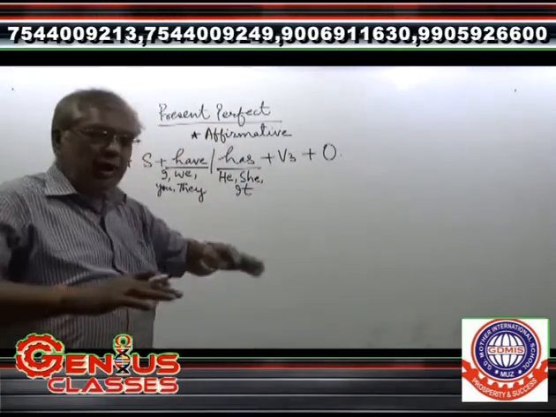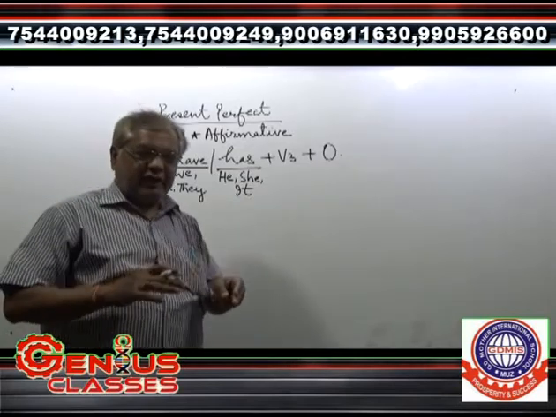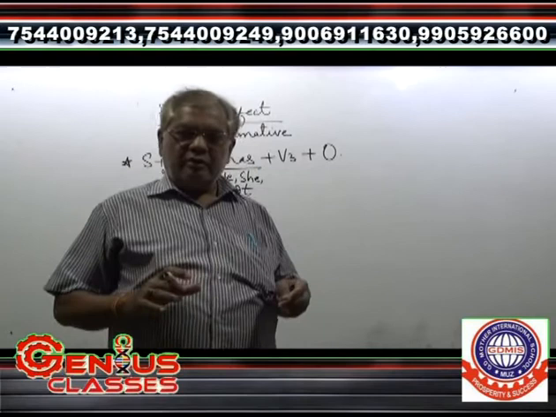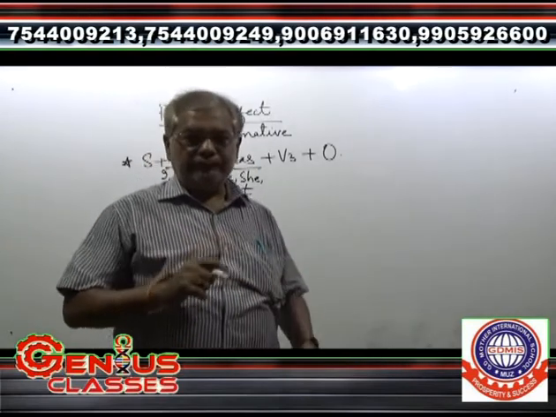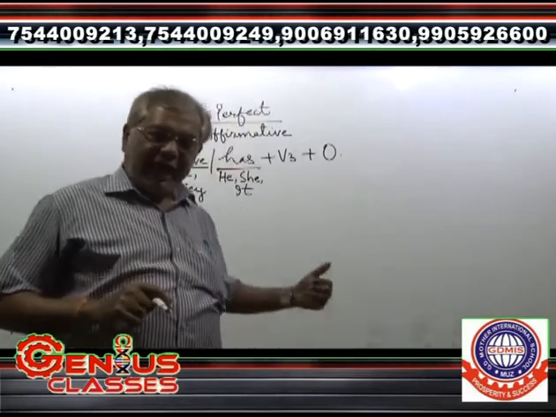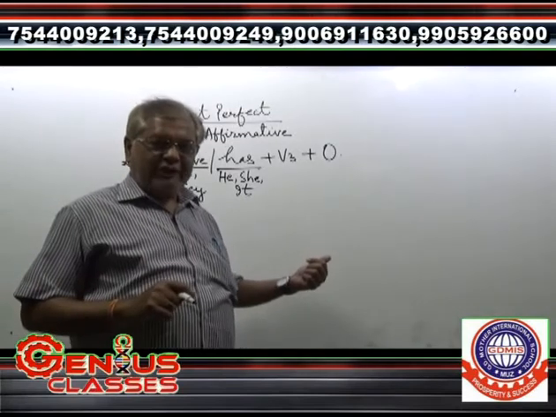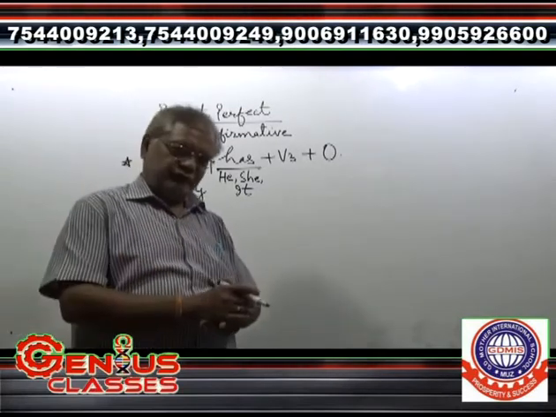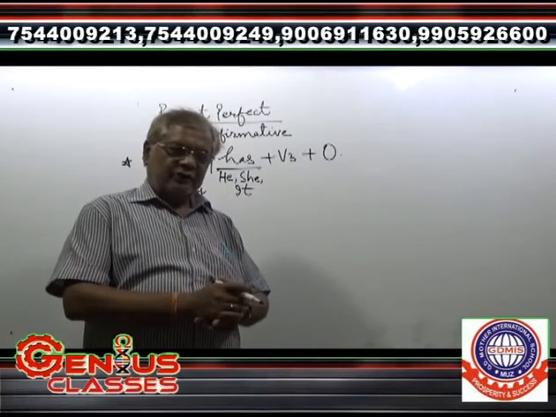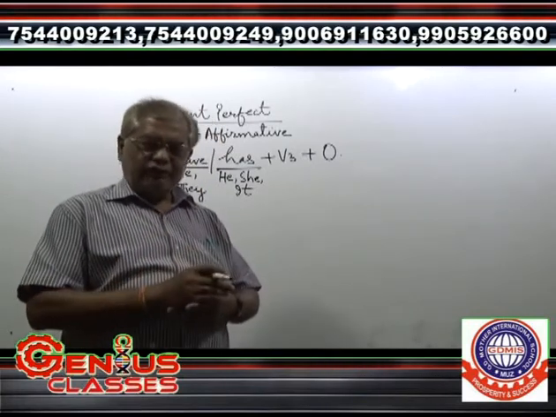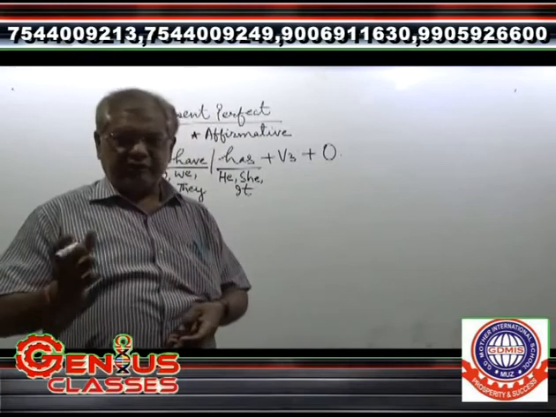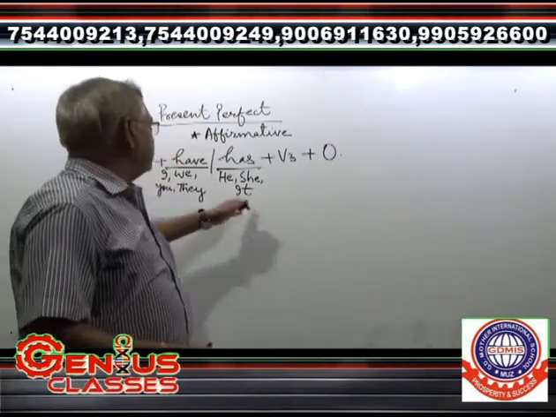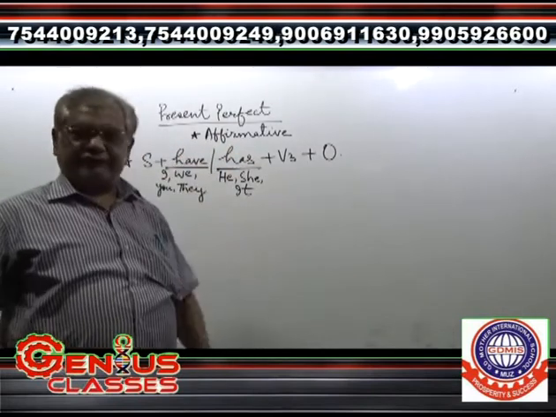How do we identify whether a sentence is from the present perfect tense or not? A certain action which has come to an end just now, a certain action which has just finished, for that we use the present perfect tense.